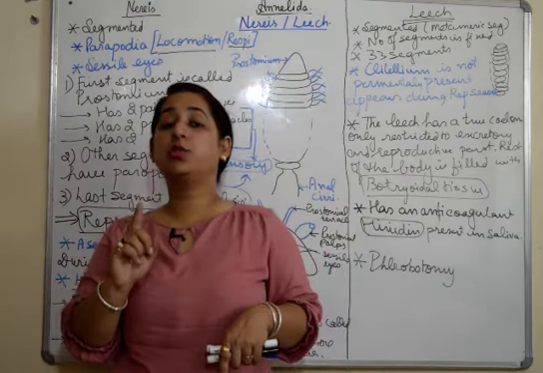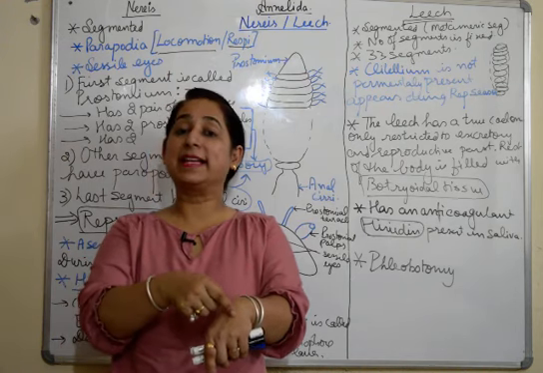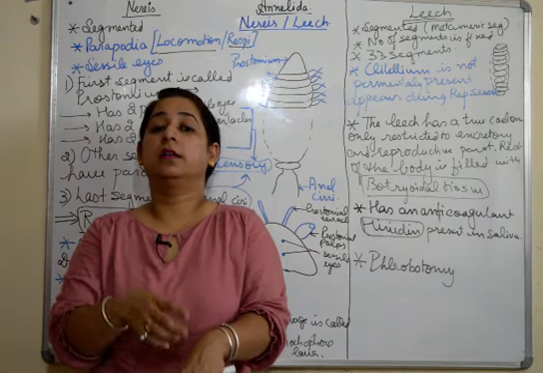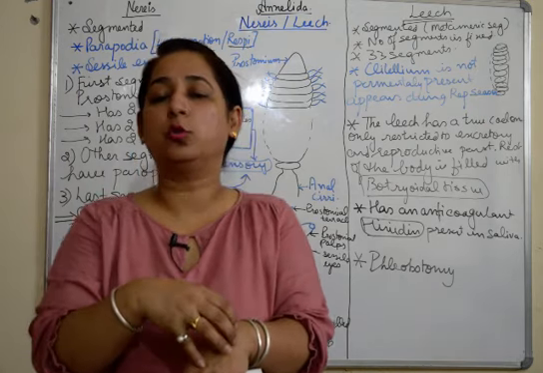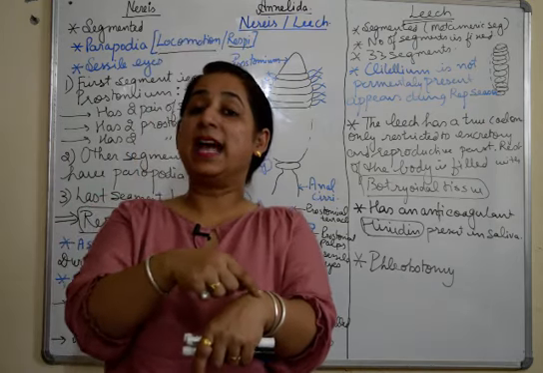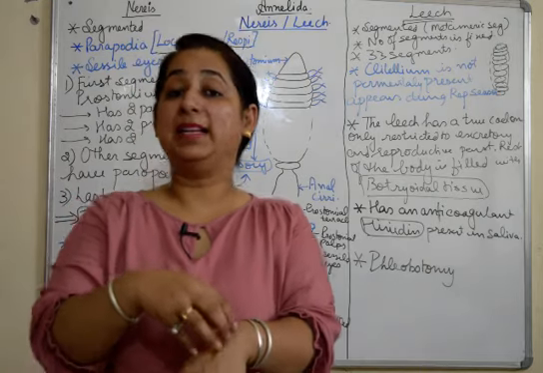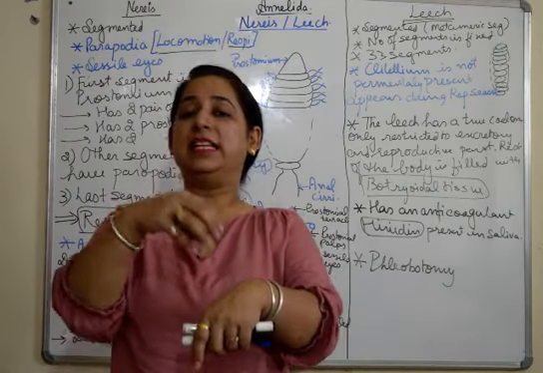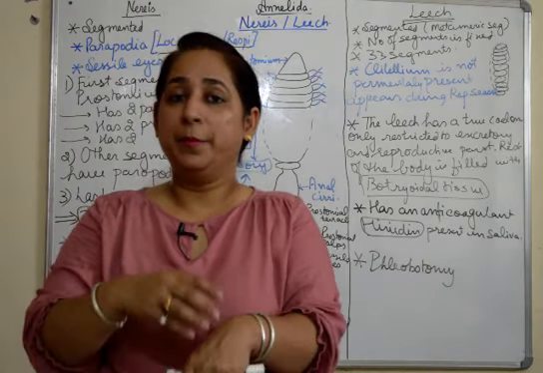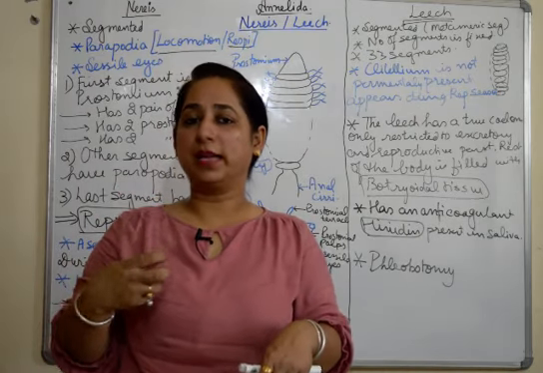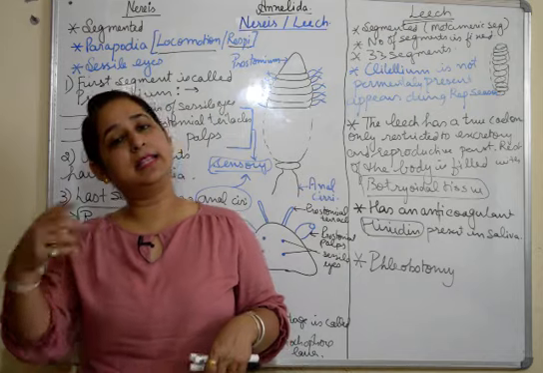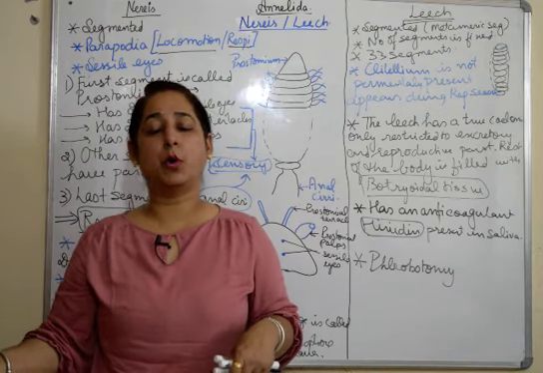Plus it also gives a kind of local anesthesia. That means that part becomes numb and the person is unable to feel that the leech is attached to it, because they take time to suck in blood. As soon as they are filled with blood, they detach themselves from the body of the organism.